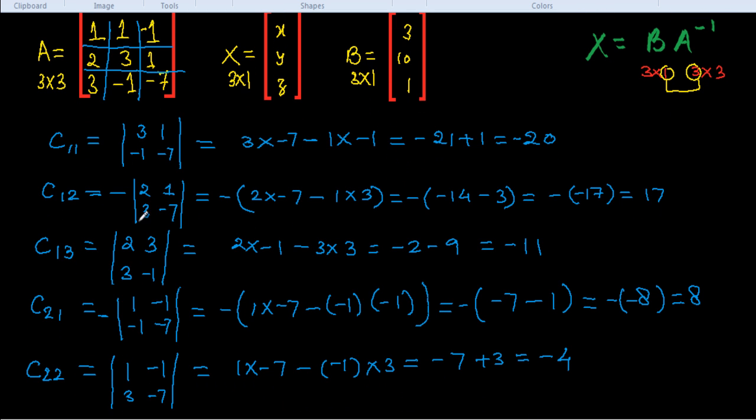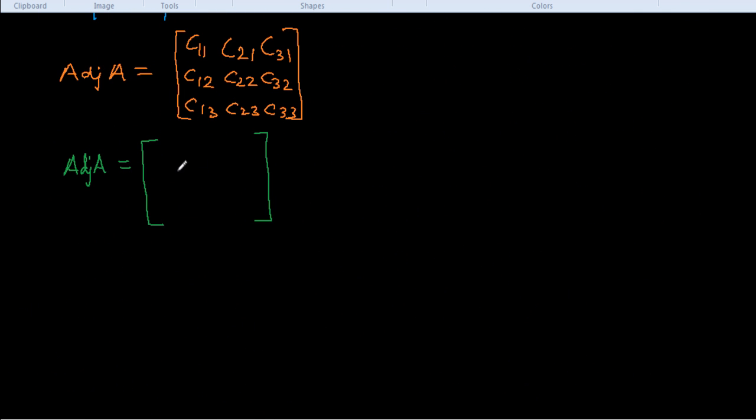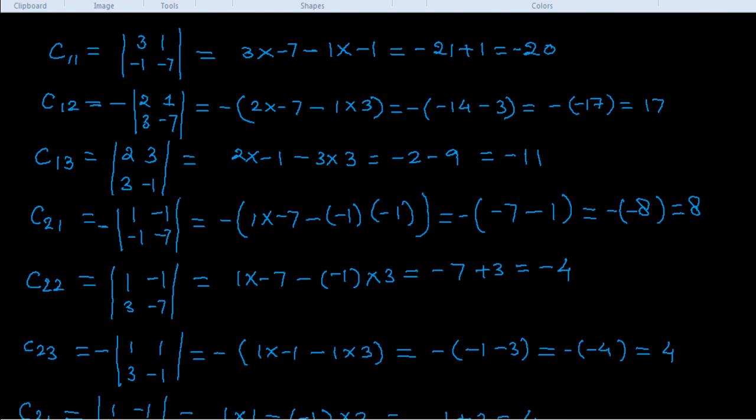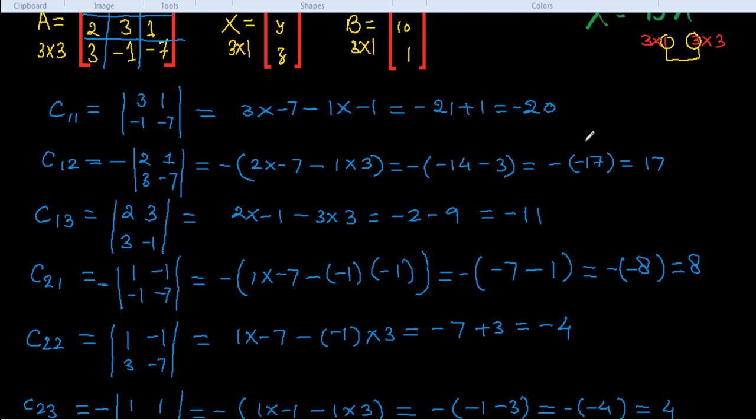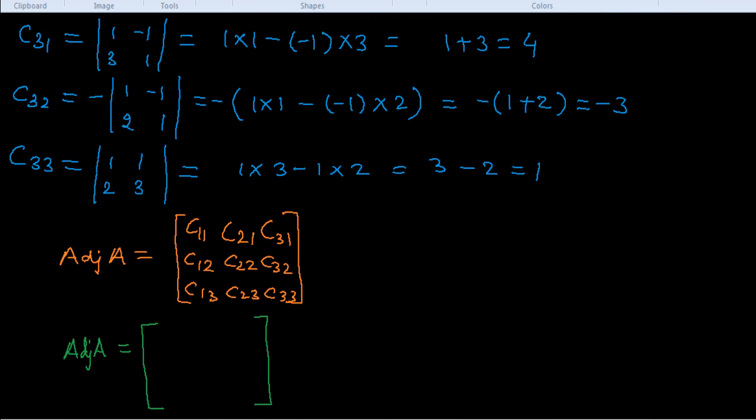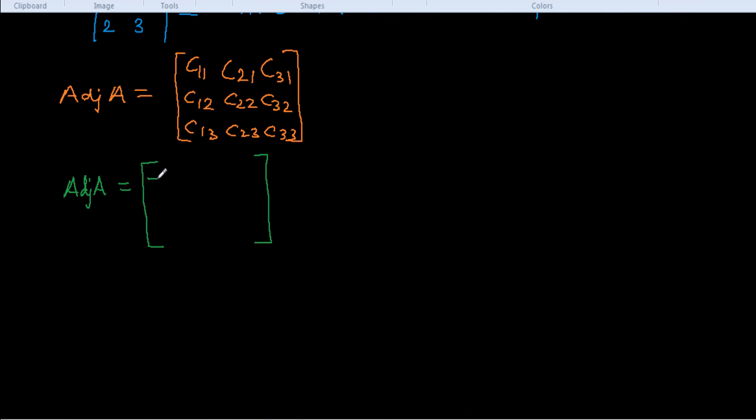C11 C12 C13 is minus 20 17 minus 11. We have to write in this way, minus 20, 17 and minus 11.